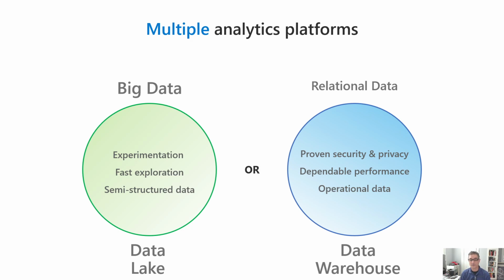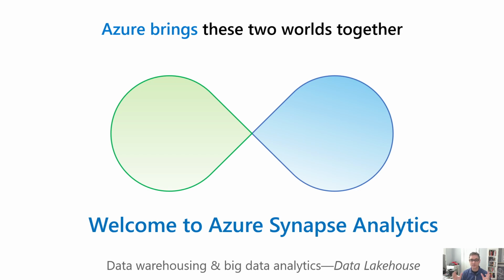This is where you have lots of data, not just the size, but the speed and the type of the data. It's semi-structured data. It would land in a data lake for exploration and experimentation, and there were usually two separate worlds. Well, Synapse Analytics tries to combine those two worlds together. And you may have heard this new term going around that's combining the data lake and data warehousing to a data lakehouse.